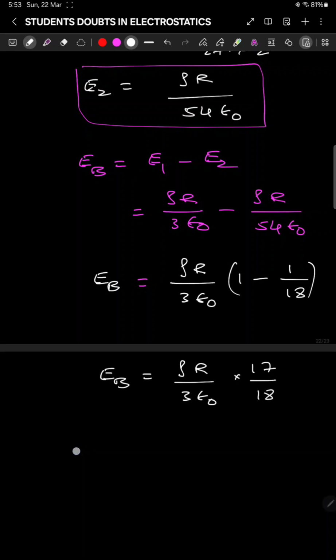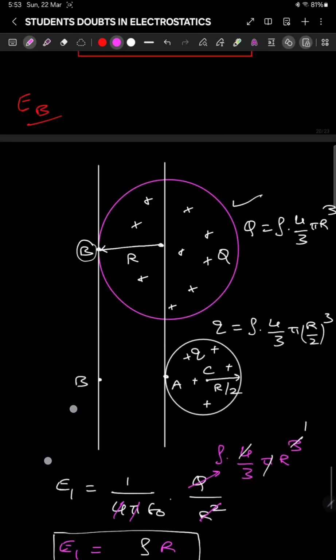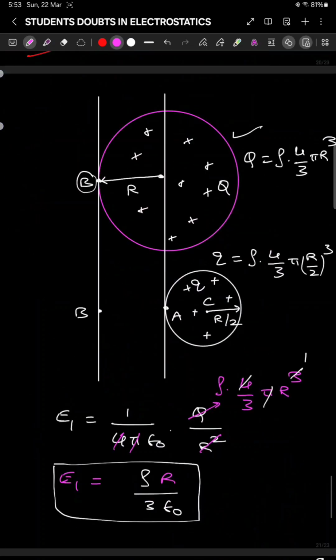So now you are asked to find the ratio of magnitudes of electric field at A and B. This ratio they are asking. Already we got EA value as rho R by 6 epsilon naught.